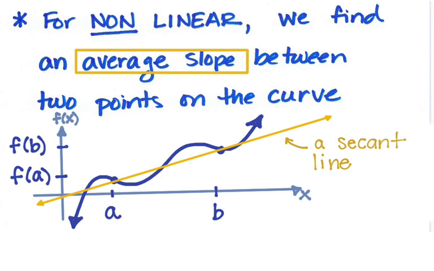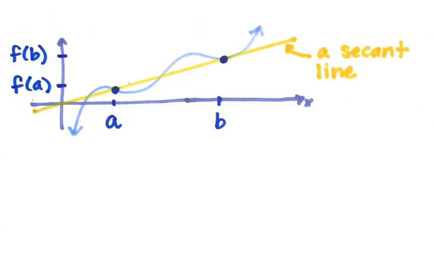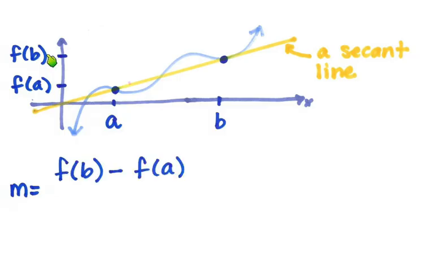Well, the slope of the secant line is also referred to as the average rate of change between points A and B. Okay, so the slope is, now look at this, the outputs, f of b minus f of a, because the output for b is f of b, and the output for a is f of a.